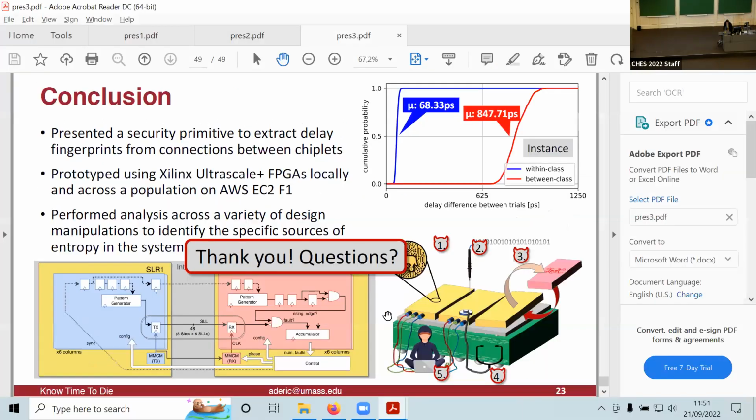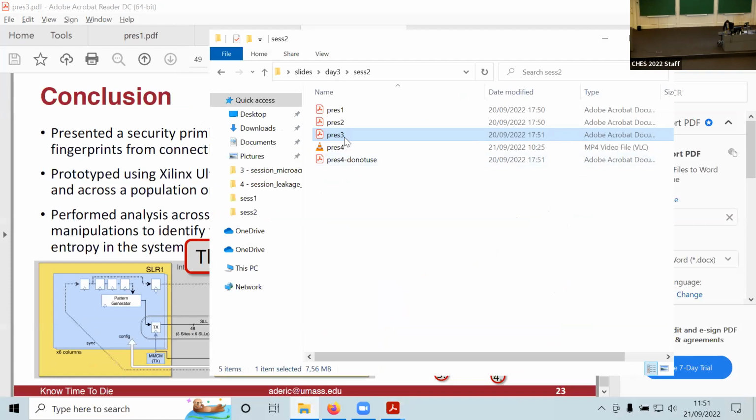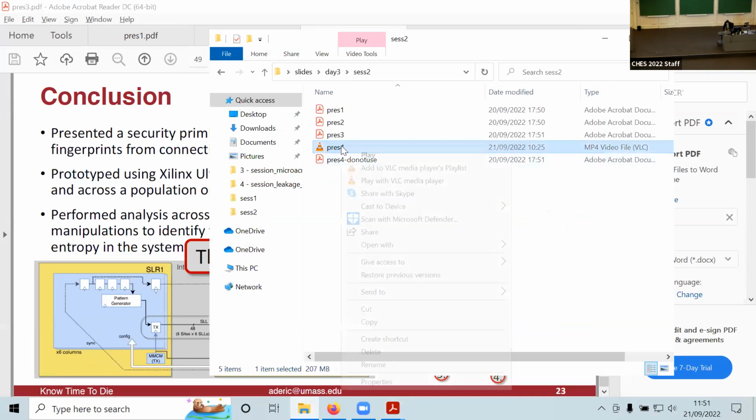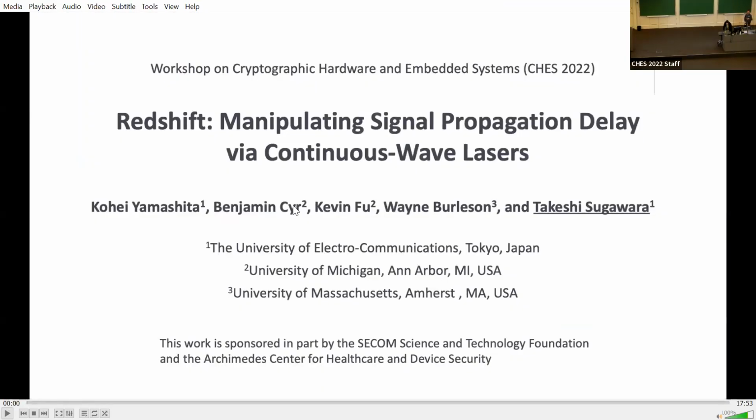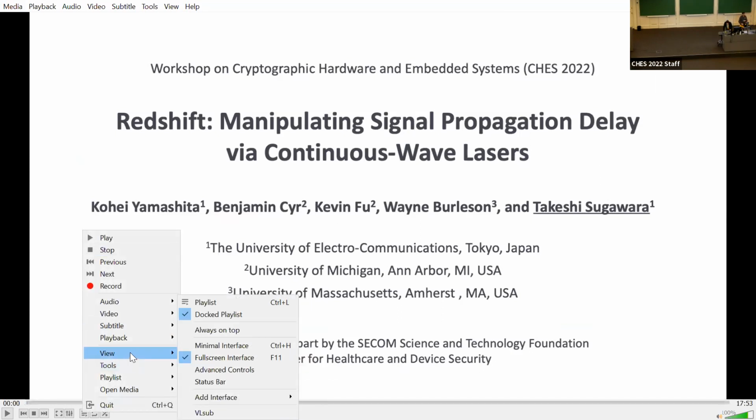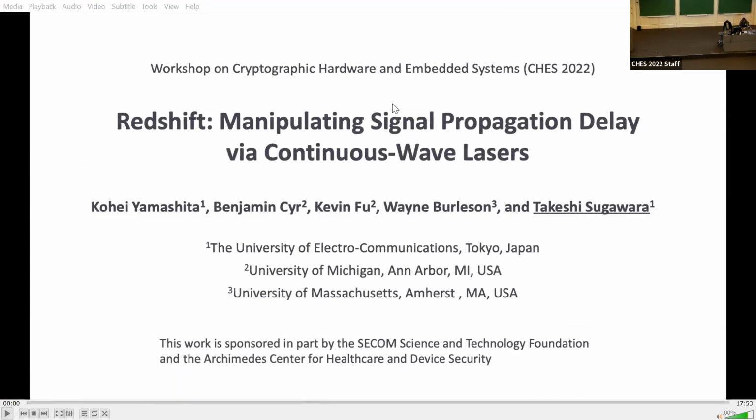So the last talk is a recorded video, but the speaker Takashi is actually online to take the questions. The title of the talk is Redshift: Manipulating Signal Propagation Delay via Continuous Wave Lasers. The authors are Kohei Yamashita, Benjamin Sear, Kevin Fu, Wayne Burleson, and Takashi Sugawara. And Takashi will be the speaker.